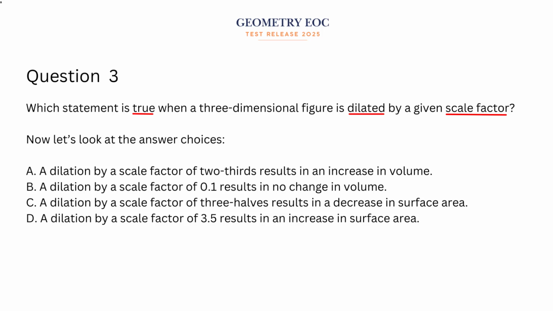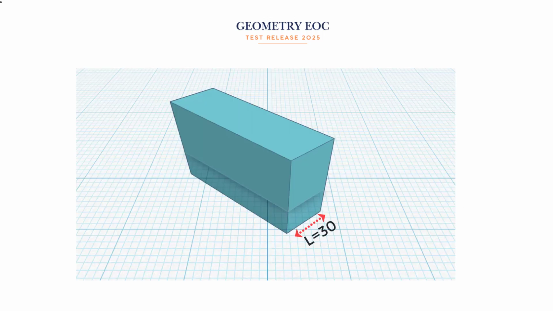All right, let's think this through together. Before we jump into the answer choices, I want to make this visual so everyone, whether this feels easy or a little confusing, can actually see what's happening. On my screen, I have a rectangular prism. Its length is 30, width is 60, and height is 90.